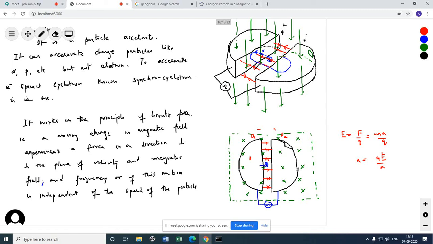Got it? And then again by that time the polarity switches. So these become negative, now this becomes positive. Again it gets accelerated in the gap, gets into the D1 again, and again it spins. This time it's going to go on an even greater path, right? The same process continues. It goes on and on like this.